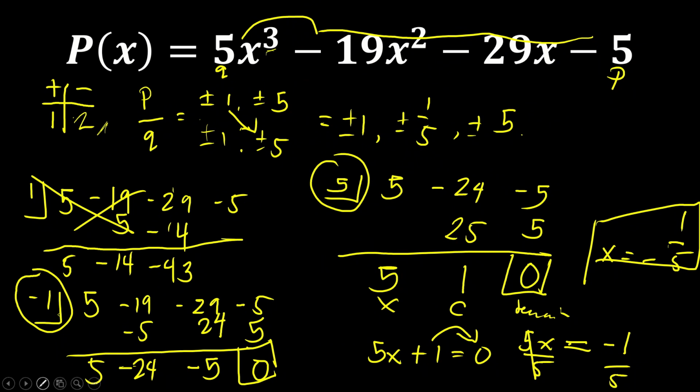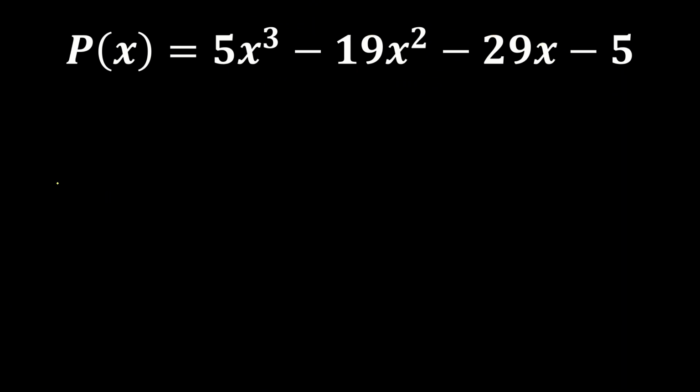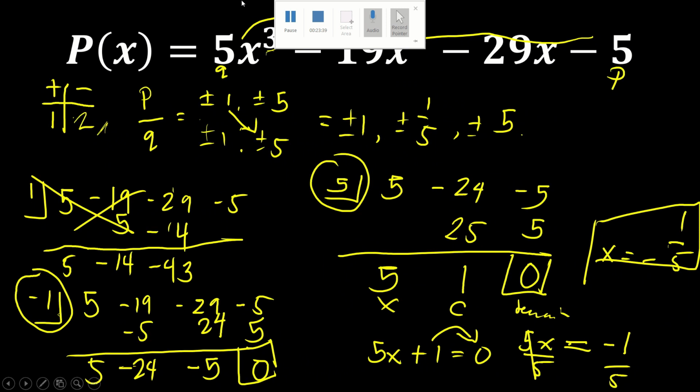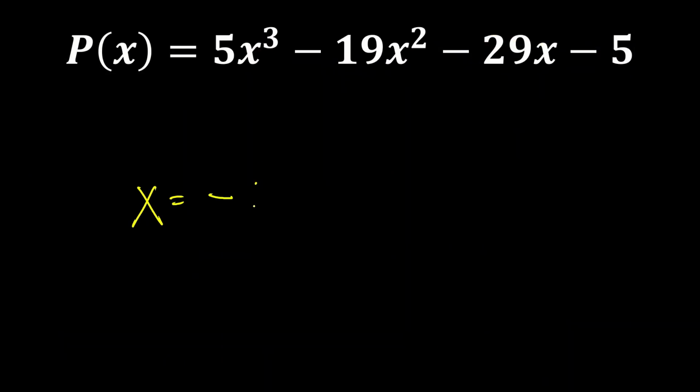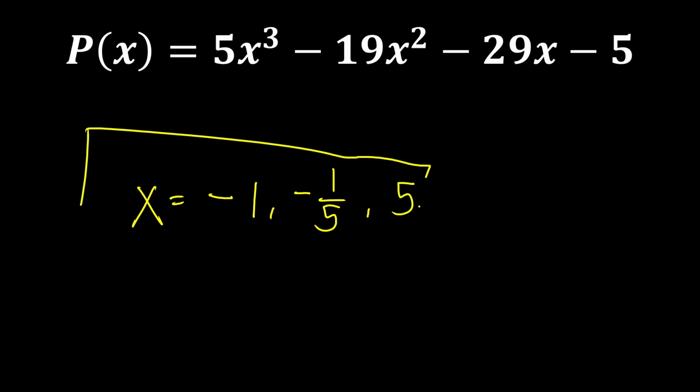So, the final answer po for this function ay x is equal to, ano yung tatlo? We have negative 1, negative 1/5, and positive 5. So these are the values of x.